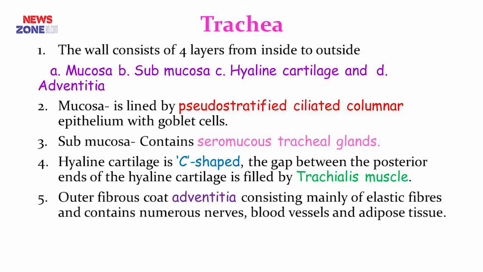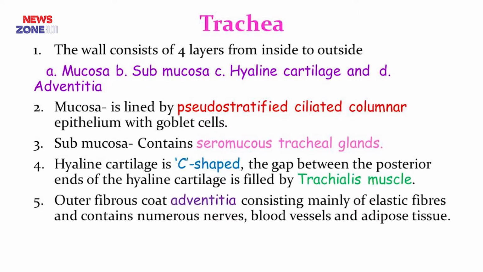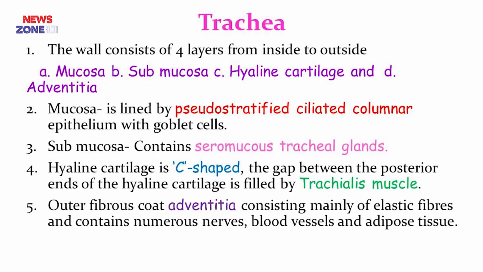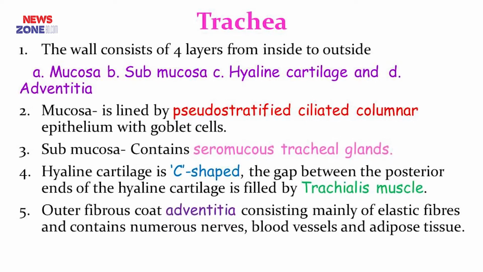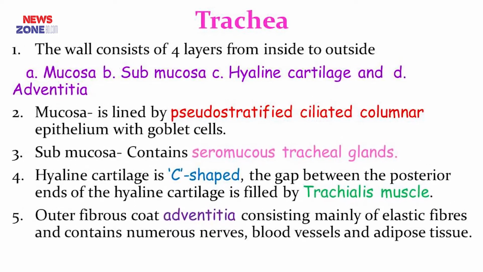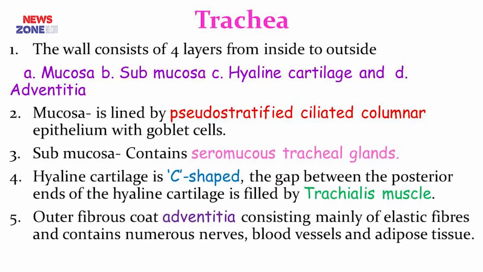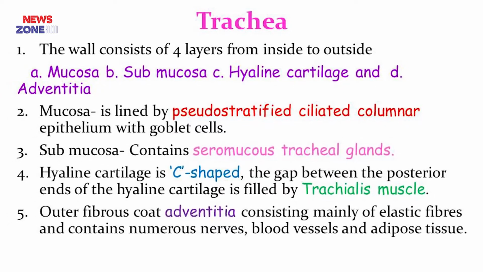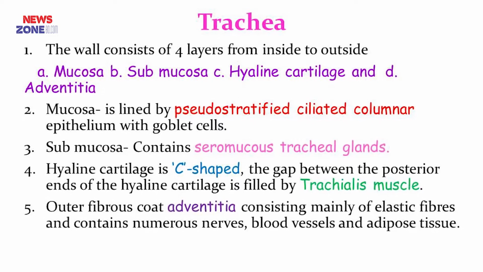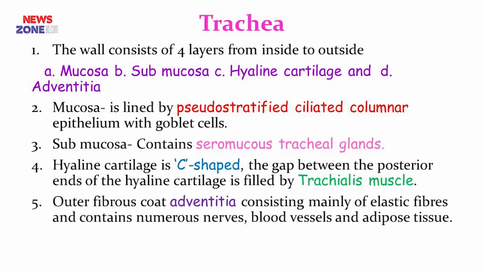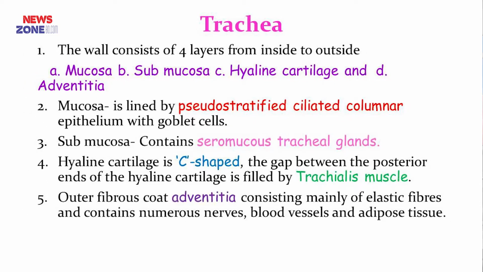Mucosa lined by pseudostratified columnar epithelium, submucosa containing the seromucous tracheal glands, hyaline cartilage in C-shaped rings. The gap between the posterior ends of the hyaline cartilage is filled by the trachealis muscle, and the outer fibrous coat, adventitia, contains mainly elastic fibers and numerous nerves, blood vessels and adipose tissue.